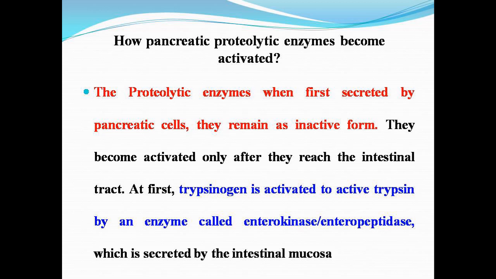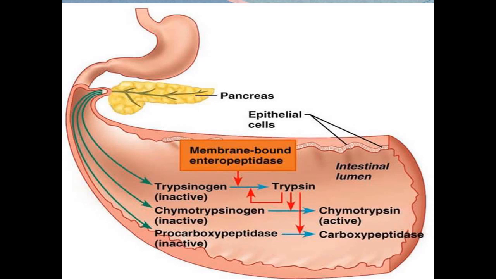The proteolytic enzymes, when first secreted by pancreatic cells, remain as inactive form. They become activated only after they reach the intestinal tract. At first, trypsinogen is activated to active trypsin by an enzyme called enterokinase or enteropeptidase, which is secreted by the intestinal mucosa.